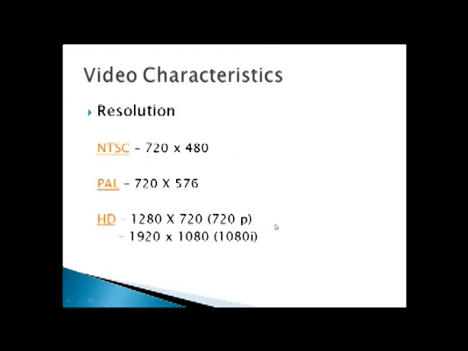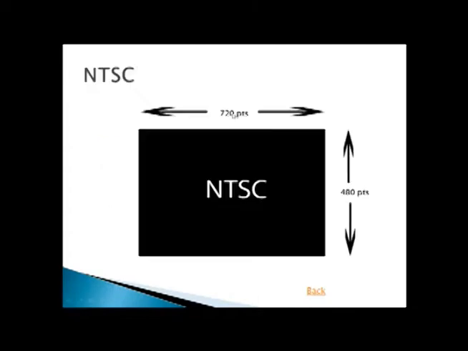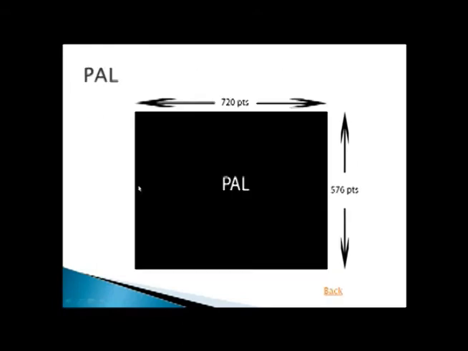And aside from interlacing, we also need to learn about the resolution, and there are three basic resolutions that we need to learn. For NTSC, it is 720 by 480, like this. The width is 720 pixels, and the height is 480 pixels. But for the PAL videos, it's 720 by 576.